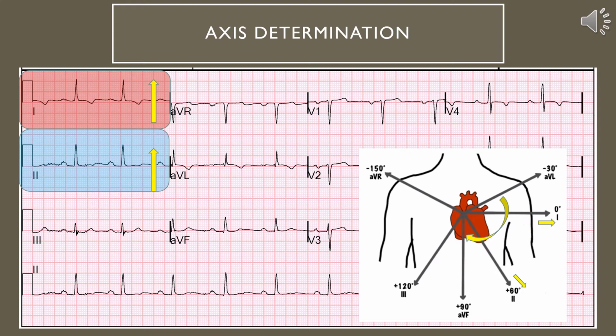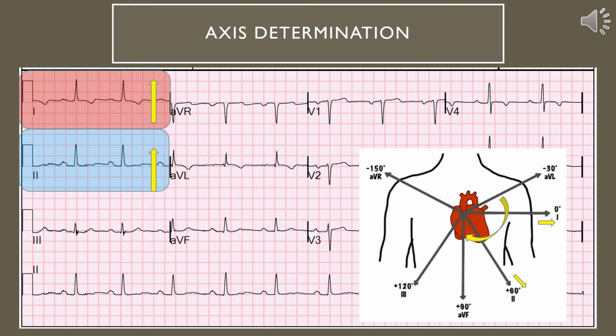So looking at this over here on the right-hand side, remember, axis is normal if it's between -30 AVL and +90 AVF. Since we have a positive inflection on lead 1, that gives us a good idea that along lead 1, this 0 degrees line, there is a good positive finding.